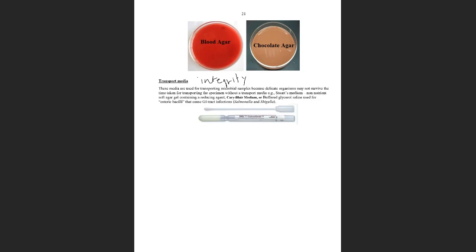There's a Stewart medium, and then there's a Carey-Blair medium, which has a buffered glycerol saline. There's a SEP, and it's only used to collect Salmonella and Shigella specimens. There is a different one for gonorrhea specimens. So the list of transportation media is pretty long, but you get the idea, right?